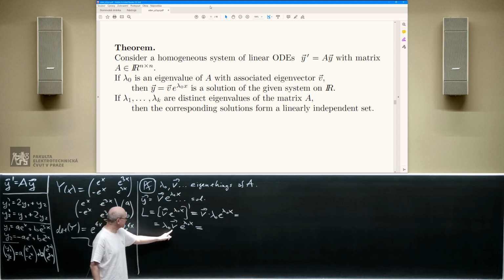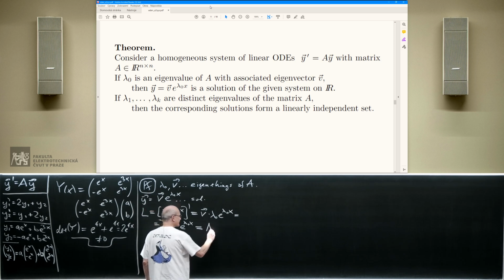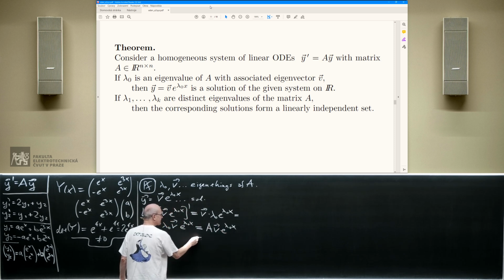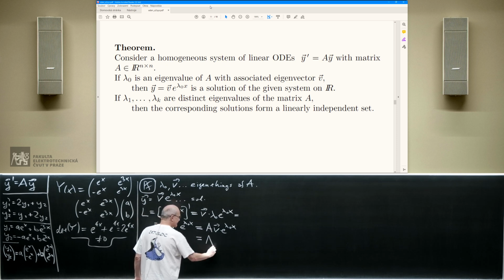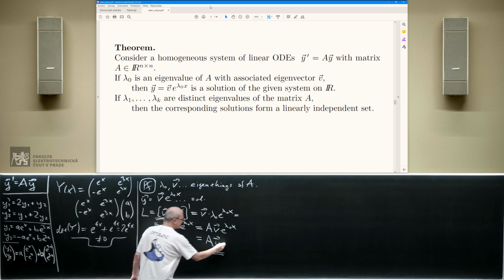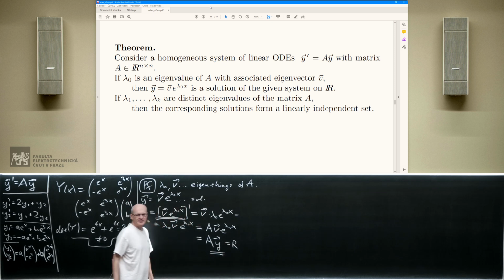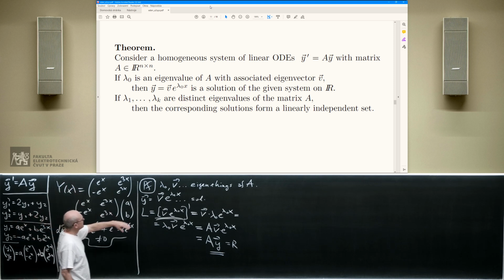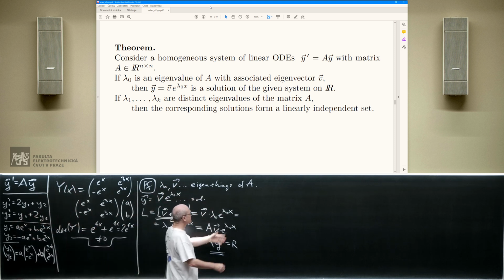So λ₀v is the same as Av. And now I look at it and I say, oh, that's wonderful. This is A, and this is actually y. And I can see that that's the right-hand side of my equation, and I'm happy. Everything worked out. So that's the first statement. When you know the eigenthings, you know your solutions.